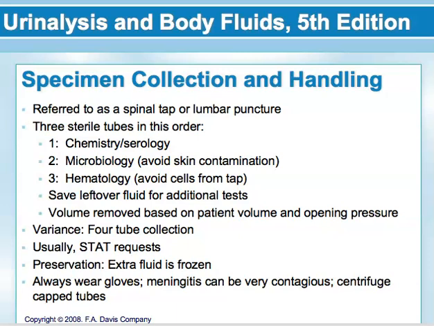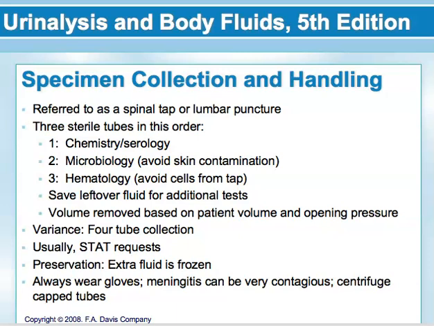Tube 4 is used for the cell count in a 4-tube collection. Sometimes it might be drawn for micro testing to better exclude skin contamination. It can also be used for additional serological testing.